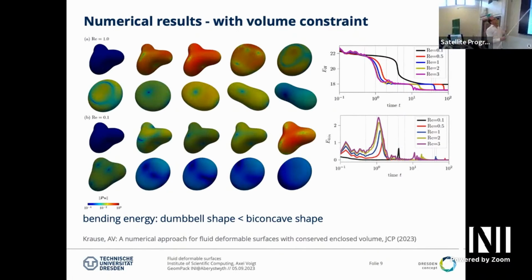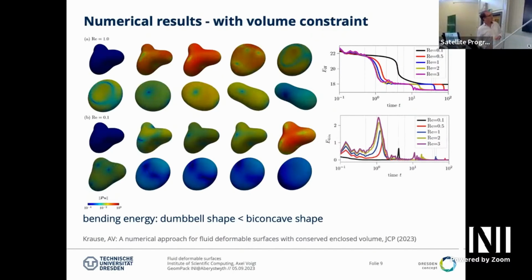So it's basically getting stuck in this energy state. However, if we increase the Reynolds number, we go through this state more or less, but it further deforms and goes to this dumbbell shape. And this dumbbell shape has a lower energy. So the flow helps to find the minimal energy shape for such a surface.